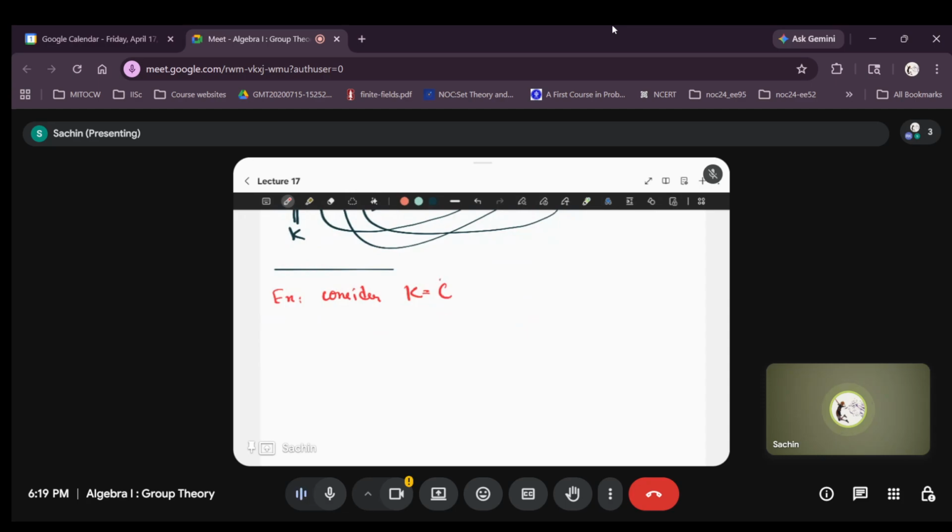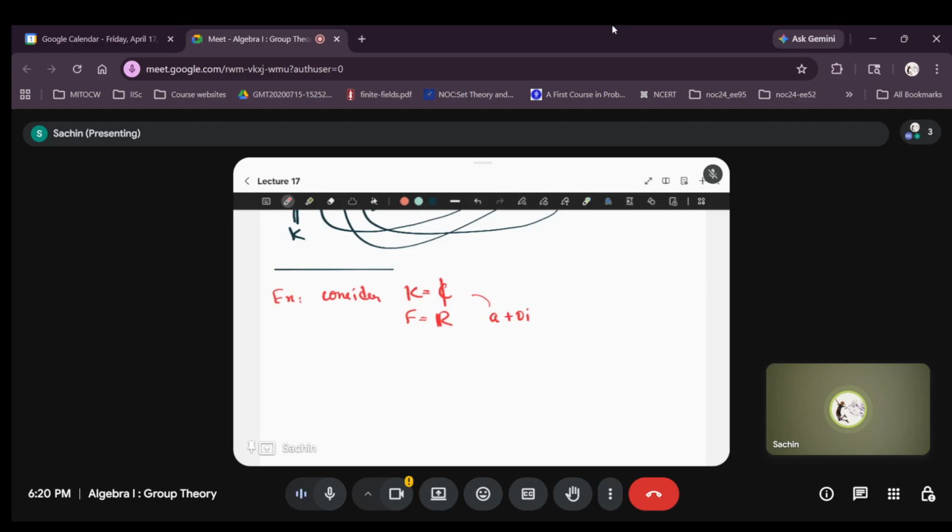Consider K equal to the set of complex numbers, and F the set of real numbers. Both are fields and R is a subset of the complex numbers, and the addition and multiplication in R is the same as addition and multiplication in C, except that the imaginary part is always zero in every number of R. So you can write every real number, let's say A, as A plus 0i.